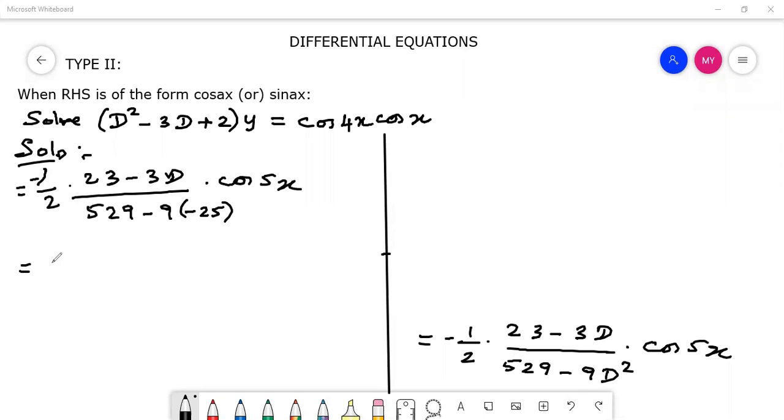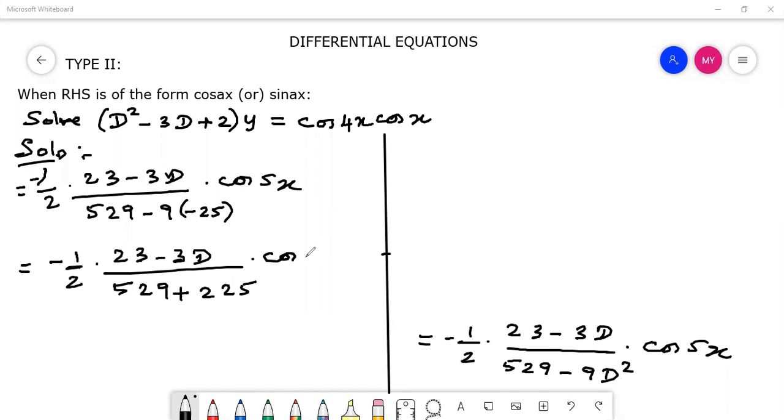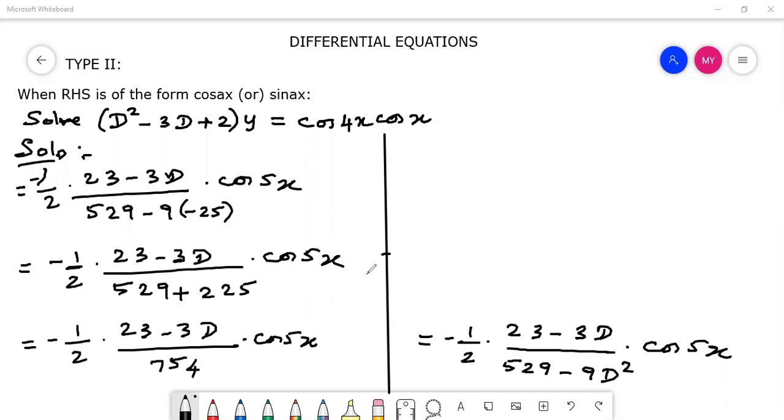So what will be there? Minus 1 by 2, just solve. 23 minus 3D over 529, minus into minus is plus, 9 times 25 is 225 into cos 5x. So after this, minus 1 by 2 into 23 minus 3D over, what is this when added? 754 into cos 5x.